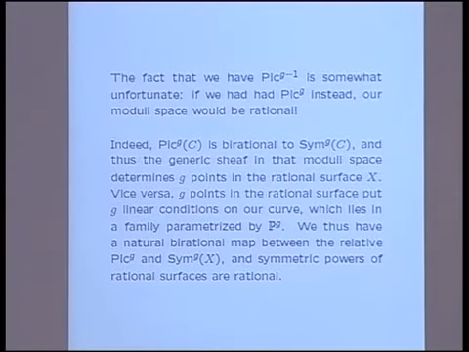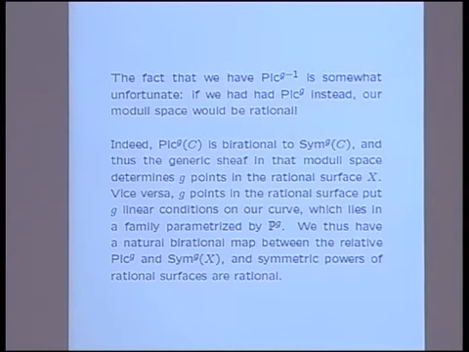Now, this is actually slightly unfortunate because if we'd only managed to get degree g instead of degree g minus 1, this moduli space would actually be rational because a divisor of degree g is essentially the same as g points without ordering. And g points on a curve determine g points on the rational surface.